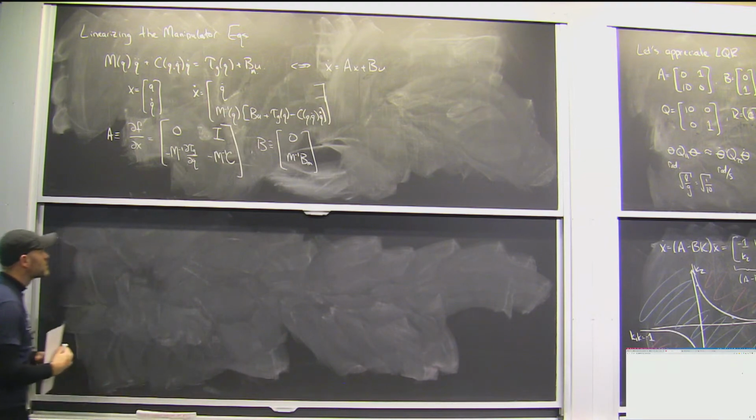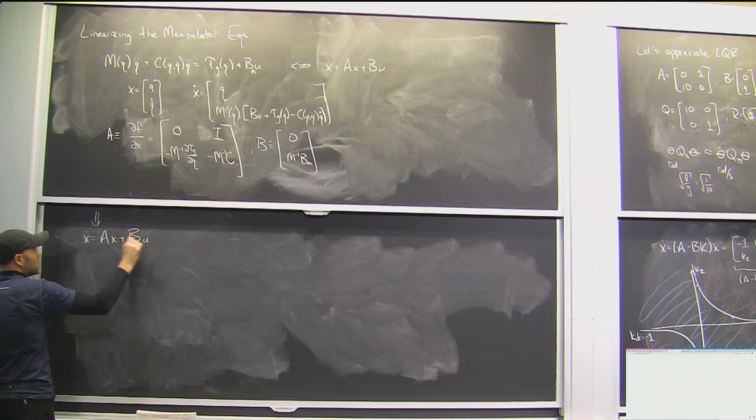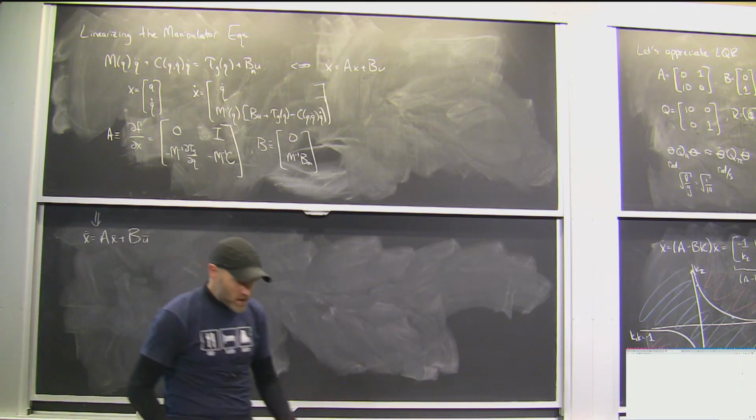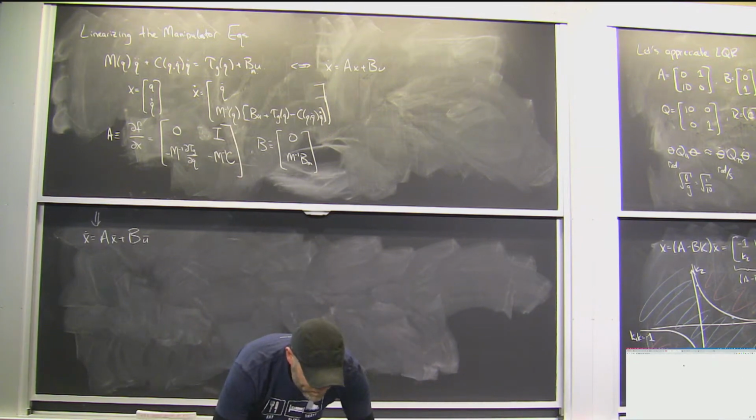So I can go from that to x dot equals Ax plus Bu. This is in the error coordinates, but I'll just go ahead and show you here.